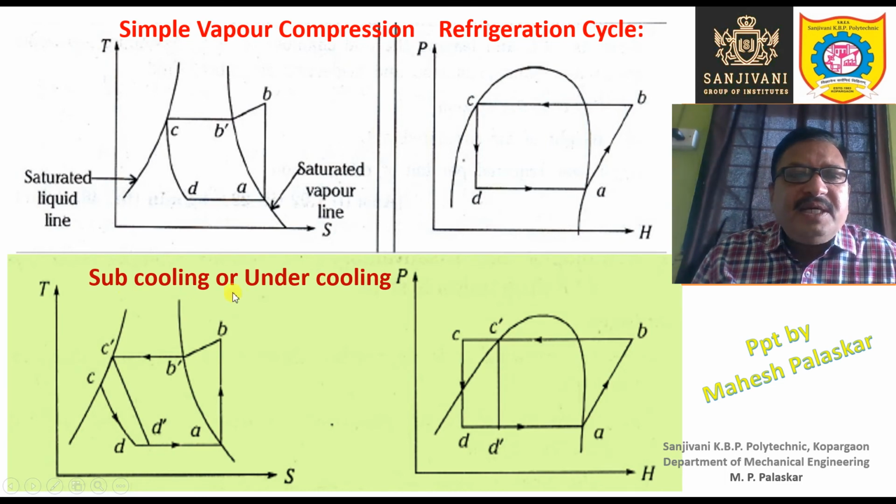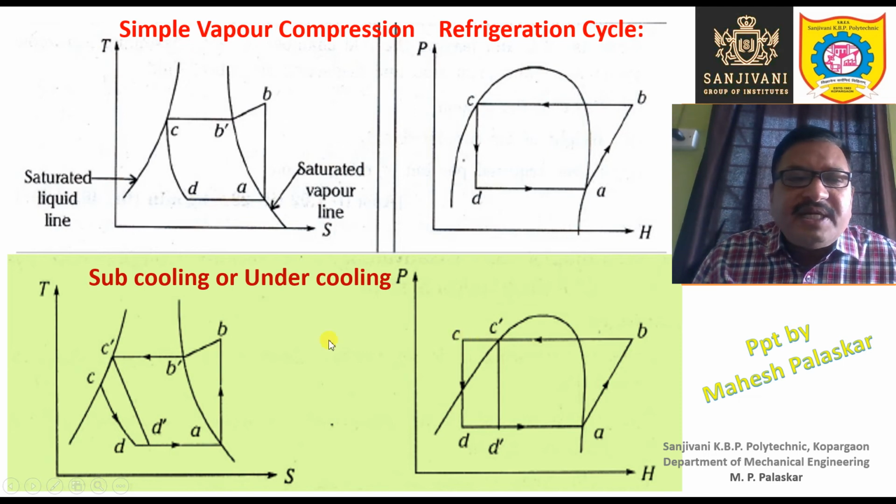Now, as per subcooling or undercooling, you will find that this point C is not lying on the saturated liquid line, but it is lying in the subcooled region. You can see in the pH diagram.